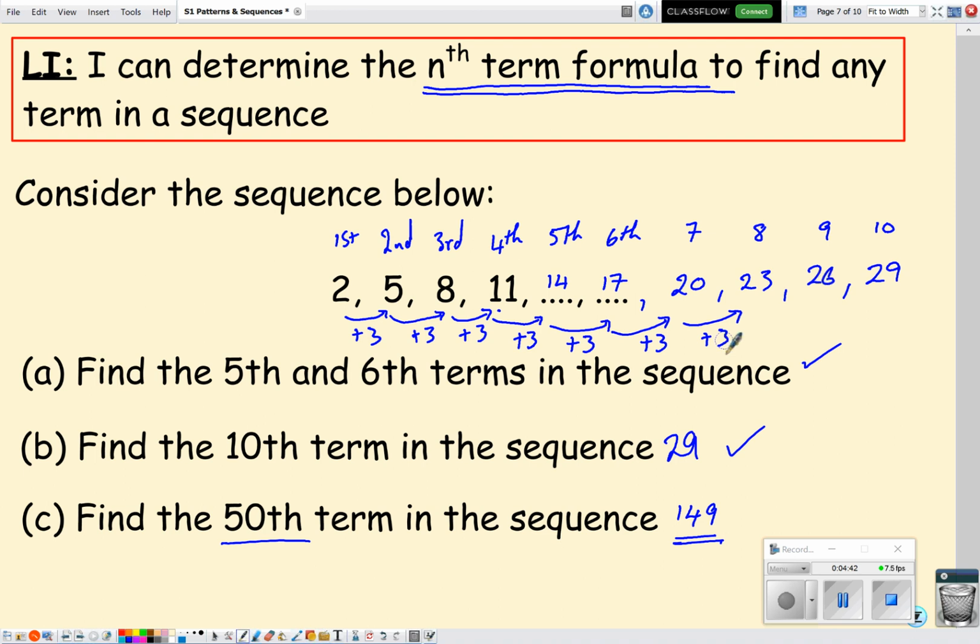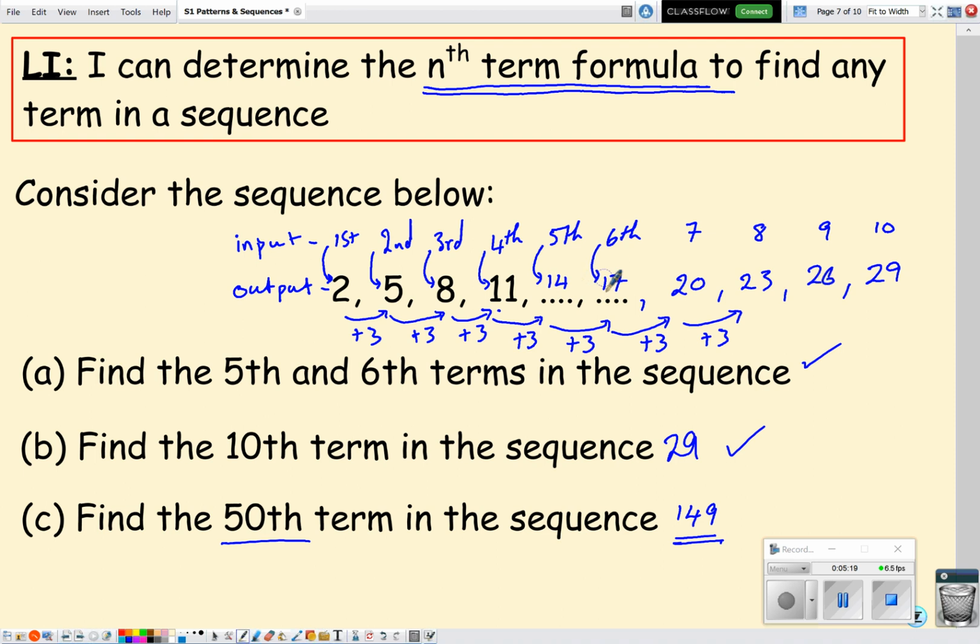The nth term formula rule treats these as input numbers and output numbers. So the first input number of 1 produces an output of 2. The second input number of 2 produces an output of 5. And what the nth term formula does, instead of going across the terms 2, 5, 8, 11, is connect the input number and the output number together with a rule.